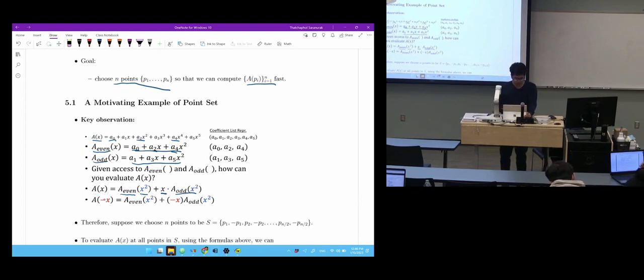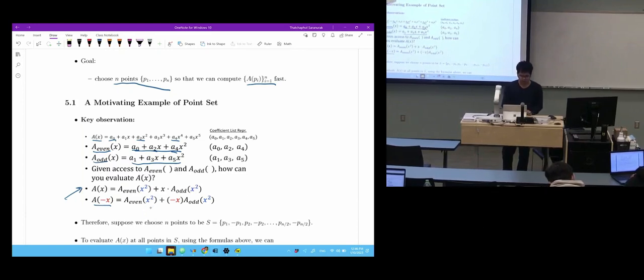That's just from the definition. But what is nice about this? Suppose that you want to evaluate A at minus x. Then you need to evaluate A even at minus x squared. But that's just the same as x squared.